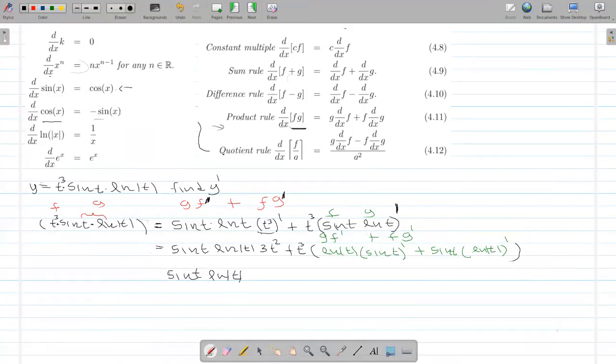It doesn't matter, but you can write t cube. 3t squared. No, not t cube. Sorry. This should be 3t squared, this guy. No, it's better to write it in front.